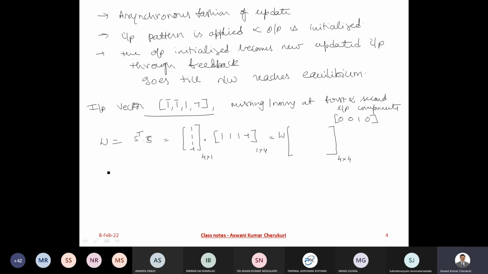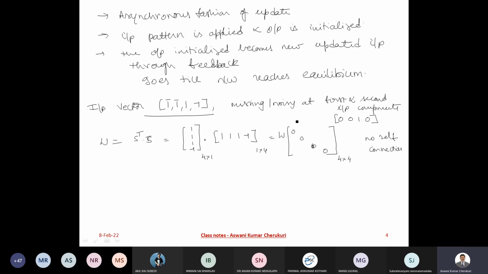It's the same input in the first three rows, with minus 1, minus 1, minus 1, 1 in the fourth one. Remember, as we have noted, we need to keep the principal diagonal as zeros, because there is no self connection in this particular network.